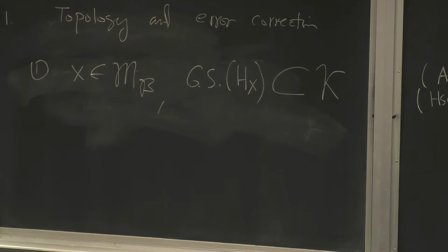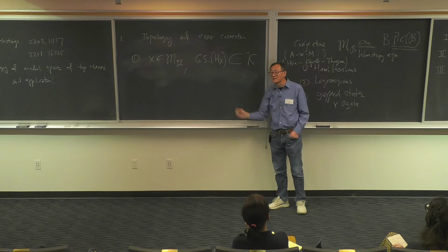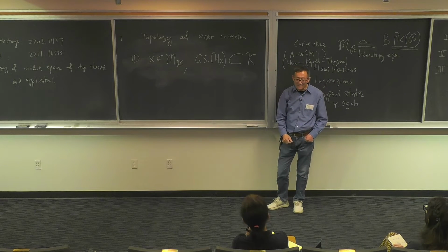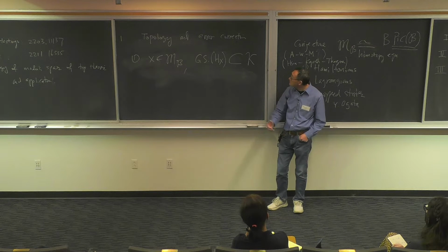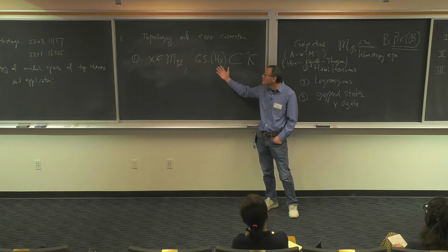It's a mathematical theorem: this is an error correction code. My former student Shawn Cui proved it for Dijkgraaf-Witten theories, the quantum double of the Kitaev model. Another former student of mine proved it for the Zhenghan Wang model. So this is a mathematical theory, the error correction code.